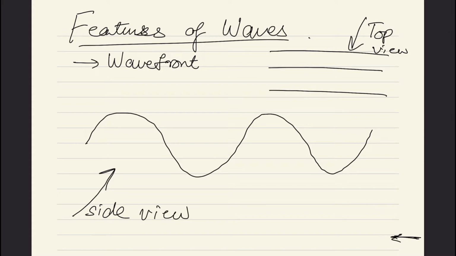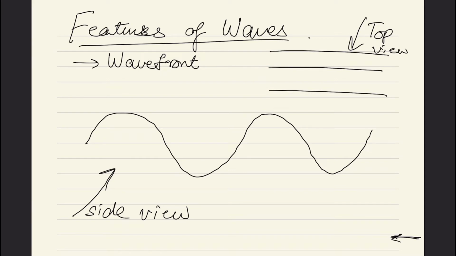All right, now observe it carefully. This point over here is being represented by this line. This point over here is being represented by this line, and this point over here is being represented by this line. So these are called the wave fronts, right?